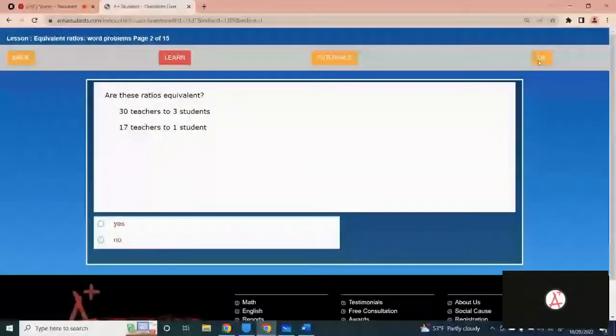Just select the correct option and then click on the OK button. Okay, the next one is, are these ratios equivalent? 30 teachers to 3 students and 17 teachers to 1 student. It would be 30 over 3 equals 17 over 1.